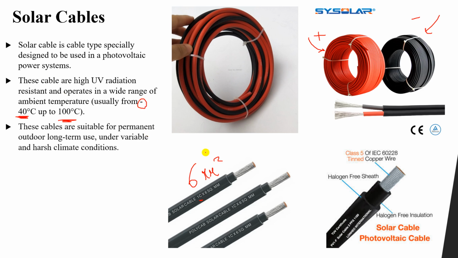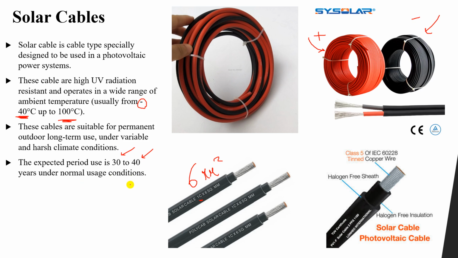These cables are also suitable for permanent outdoor long-term use, because they are exposed to the sun throughout the day. The expected lifetime for these cables is 30 to 40 years.